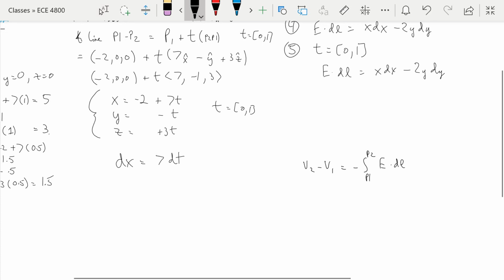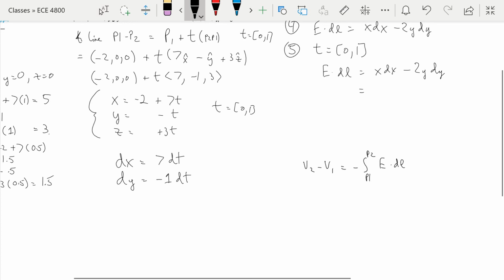All right. Our y is given here: y is equal to negative t. And then for dy, we take the derivative of this equation, and it's negative 1 dt. So we can put this entire E dot dl in terms of t.